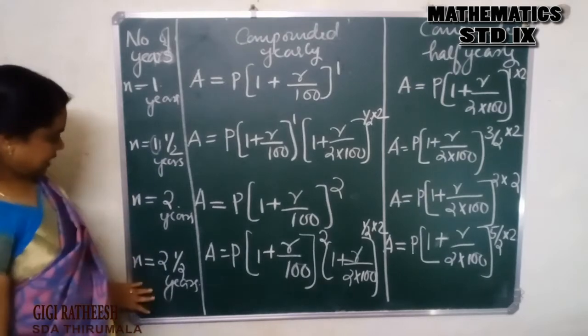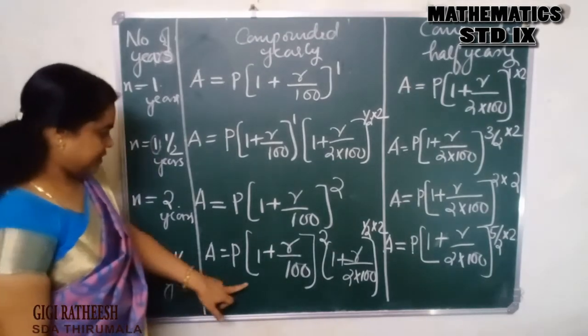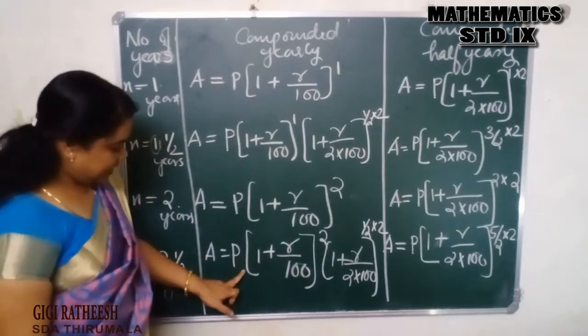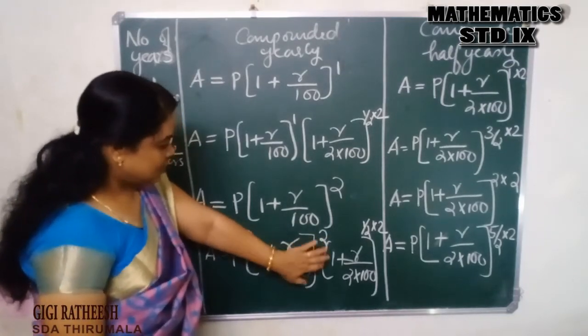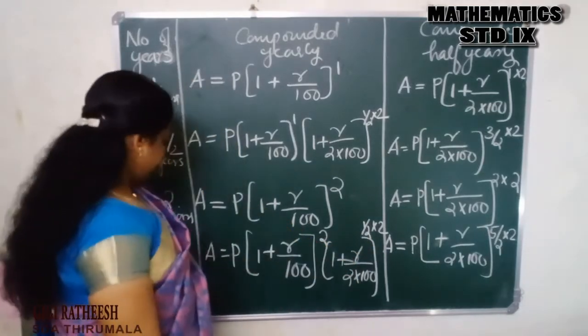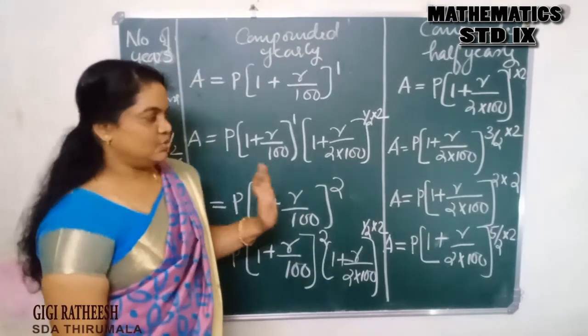And the last one is n is equal to 2.5 years. A is equal to, for the first 2 years, P into 1 plus R by 100 the whole raised to 2. After that, for the last half year, it is 1 plus R by 2 into 100 the whole raised to half into 2. That is the formula.